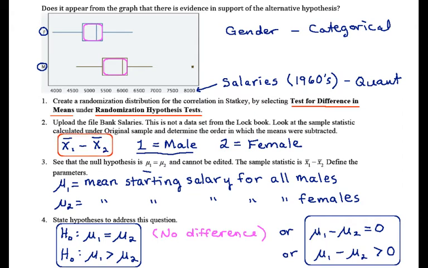So each dot in that randomization distribution is a value of x1 bar minus x2 bar, which is used to estimate mu1 minus mu2. So thinking about your hypotheses in this form makes it easier to tell whether you want a right tail or a left tail. If it's still greater than 0, even when you have it written in this order, then it is going to be a right tail test.